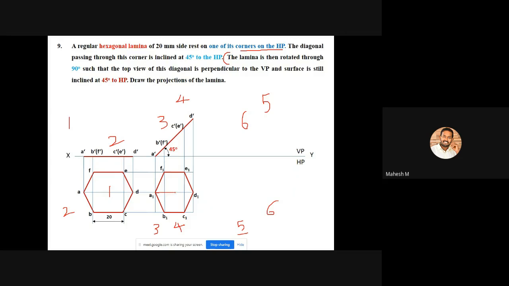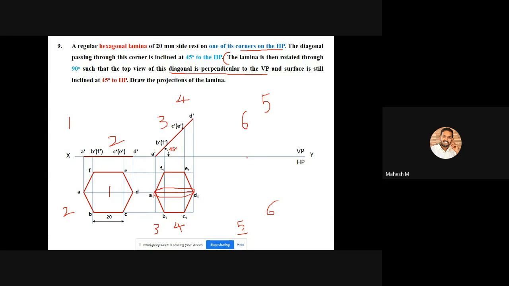For this diagram, we have only one diagonal because we are using this diagonal. The diagonal is A1 and D1. The condition is the diagonal should be perpendicular to the VP. That means here we have a horizontal line. So for our fifth diagram, you should convert this horizontal line into the vertical line.